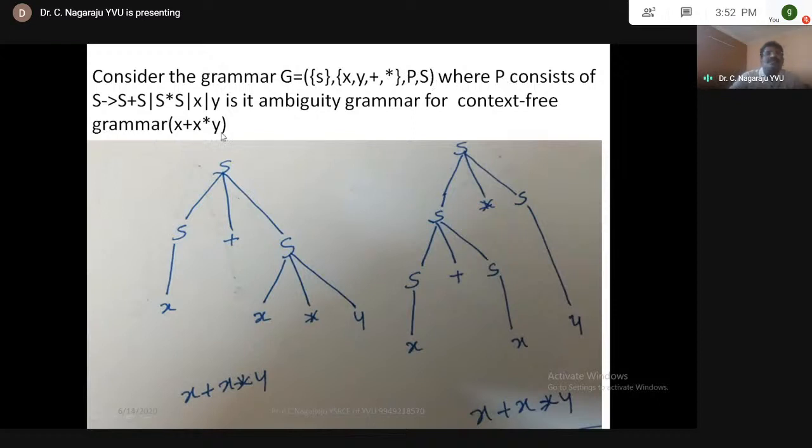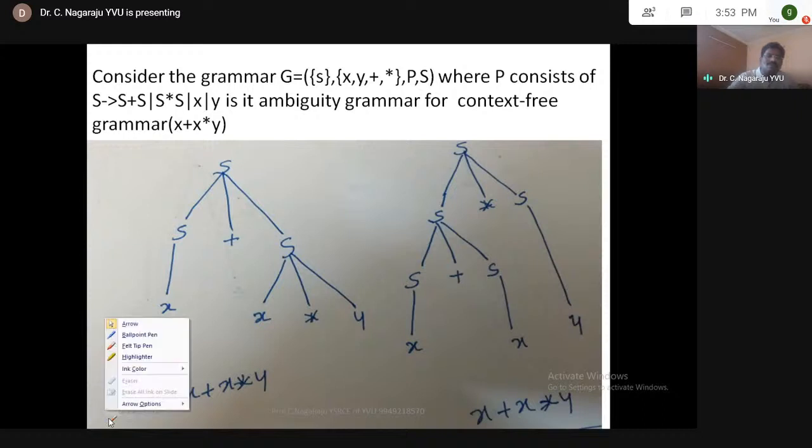The production consists of S can have the form S plus S, or S star S, or x, or y. Is it an ambiguous grammar for the context-free grammar? So that is x plus x star y, which I explained previously. For this one, first I will take the first rule.